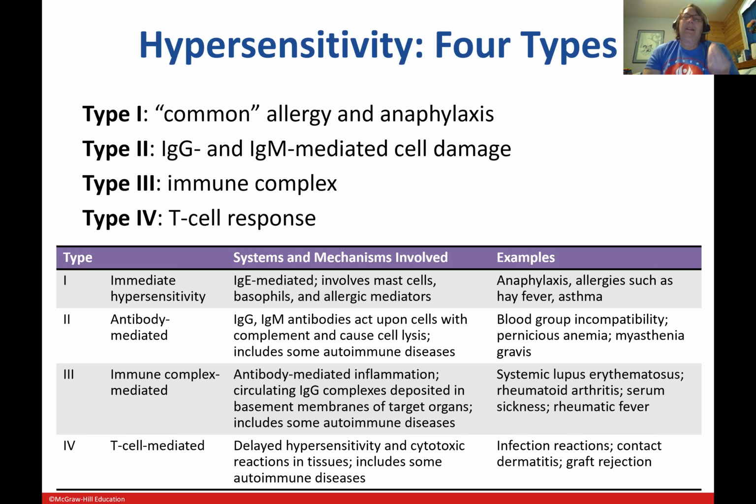So this is an appropriate immune response when you're trying to deal with pathogens. So those IgGs are grabbing onto one cell, and then they're grabbing onto another cell, and they're clumping everything together.